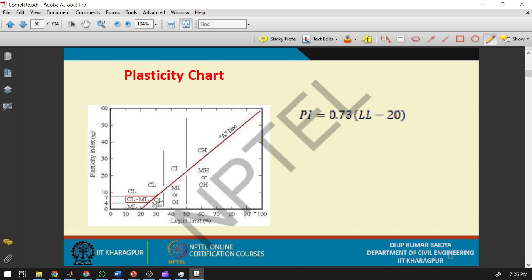If it is below the A line, then it is a silty soil. And then we have these demarcations based on the liquid limit. If the liquid limit is greater than 50, then it is a highly compressible silt or clay, if it is between 35 and 50, medium compressibility, and if it is lower than 35, then it is a low compressibility silt or clay.